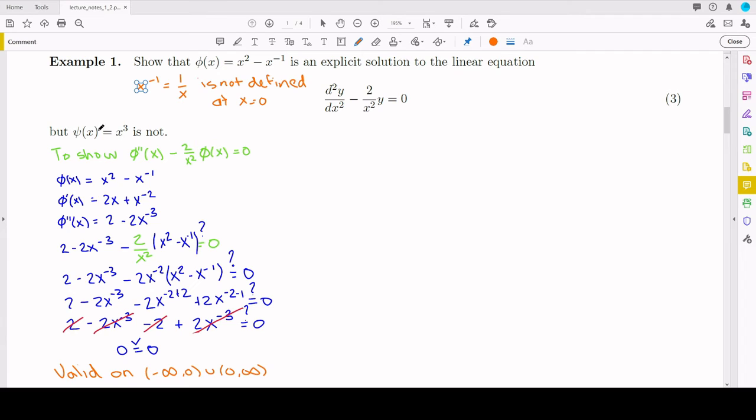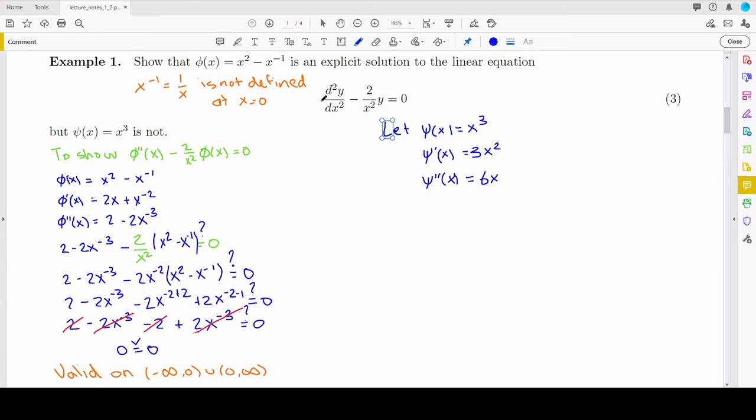Okay, now let's show that psi of x equals x cubed is not a solution. So let's take that function, right? So we're going to let psi of x equal x cubed. Then we're going to look at psi prime of x, and that's 3x squared. And then we have to look at psi double prime of x equals 6x.